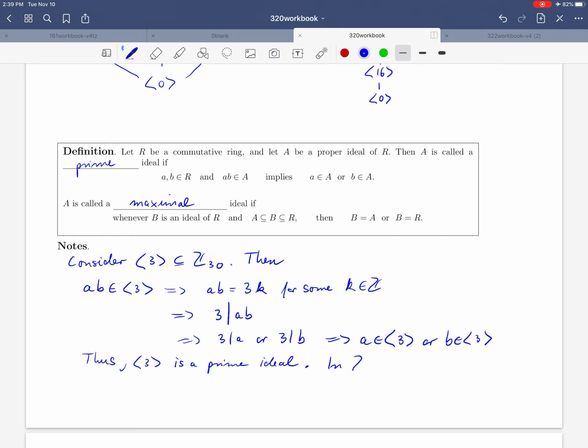And in general, in Zn, the principal ideals generated by primes are prime ideals and they're also maximal ideals.